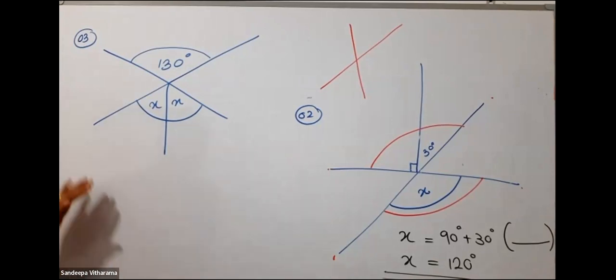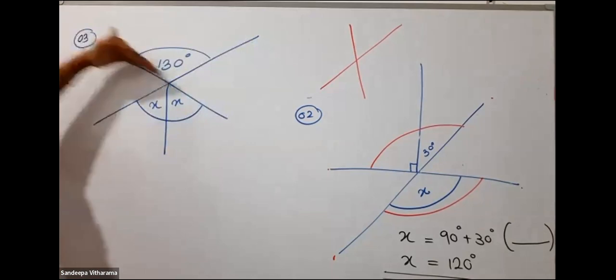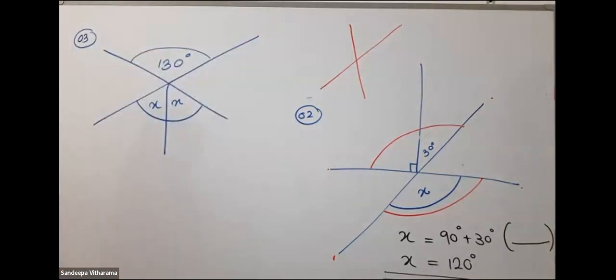Look at, first of all, identify how two straight line segments meet each other and where the vertically opposite angles form.